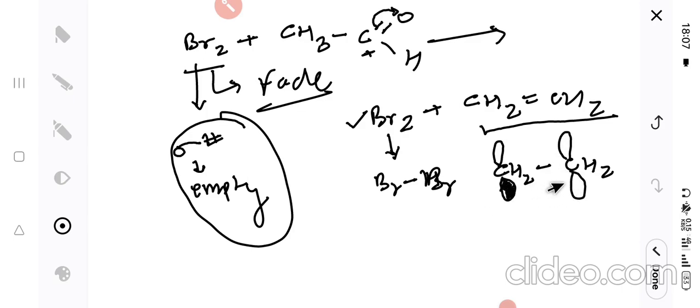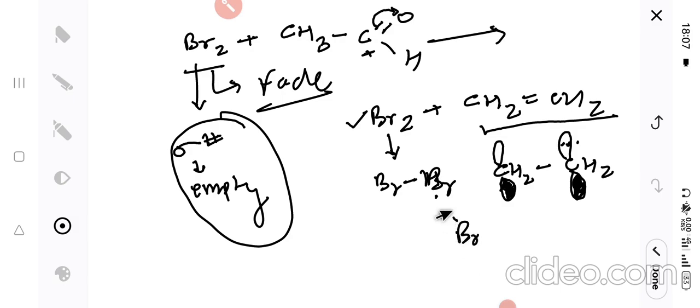One of these two carbons has a pair of electrons like this. This pair of electrons goes to the empty anti-bonding orbital of bromine.